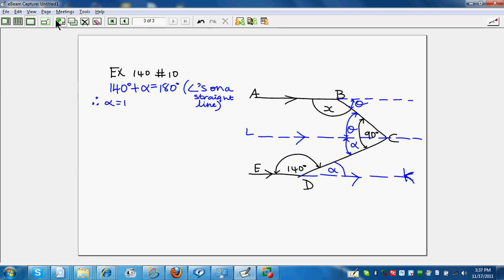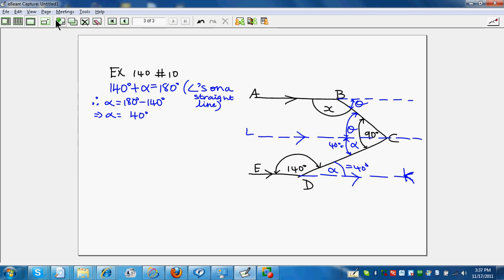Alpha will be equal to 180 minus 140 degrees. So that implies that alpha will be equal to 40 degrees. We know therefore that this is 40. We know this is 40 because those are alpha and alpha alternate angles.